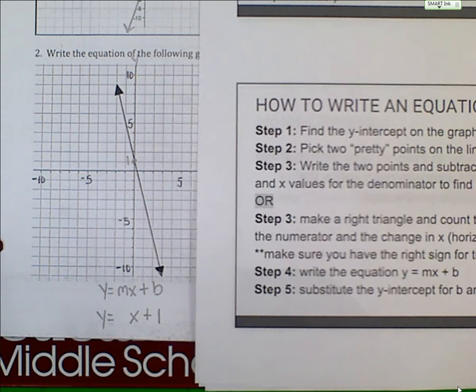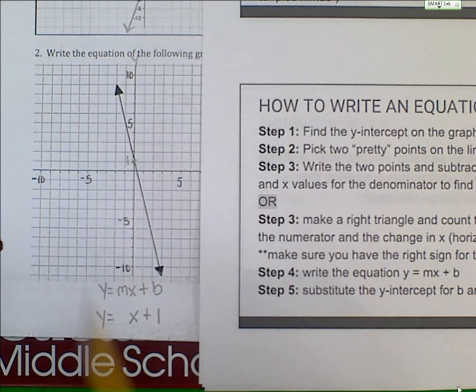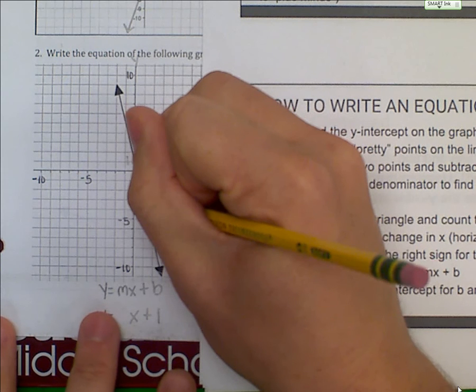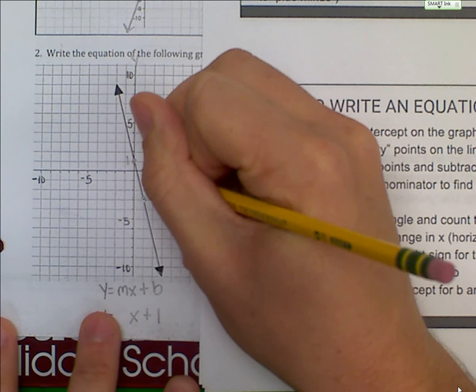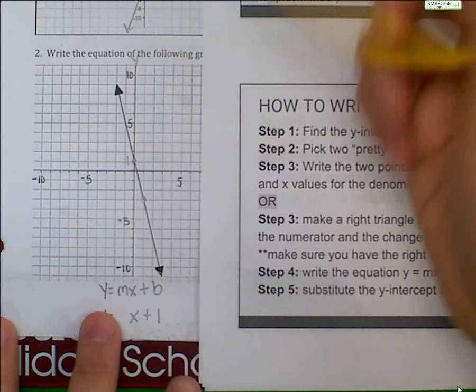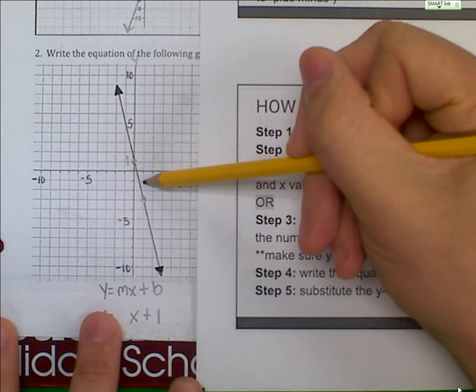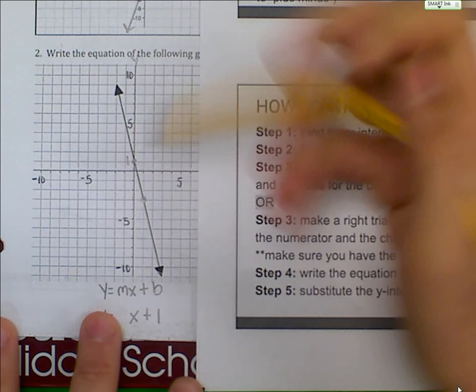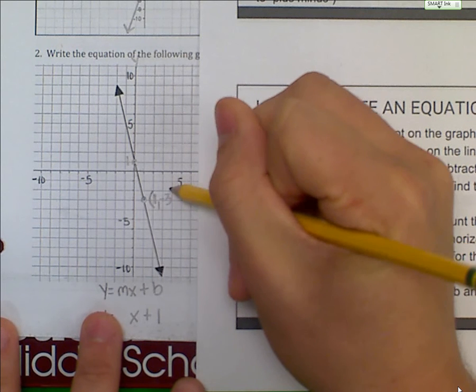Now I'm going to find those two pretty points. I already have one, so I can choose any other one that I see here, and this looks like a great point. And that is the coordinate 1, right here. That is the coordinate 1, comma, negative 3.